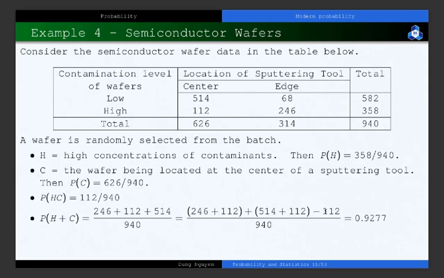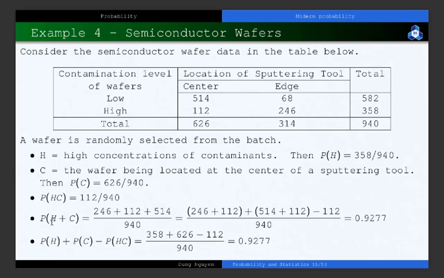You see that the first term is in fact 358, the probability of H, and the second term, 626 divided by 940, is the probability of C, and then minus 112 over 940, which is the probability of the intersection.